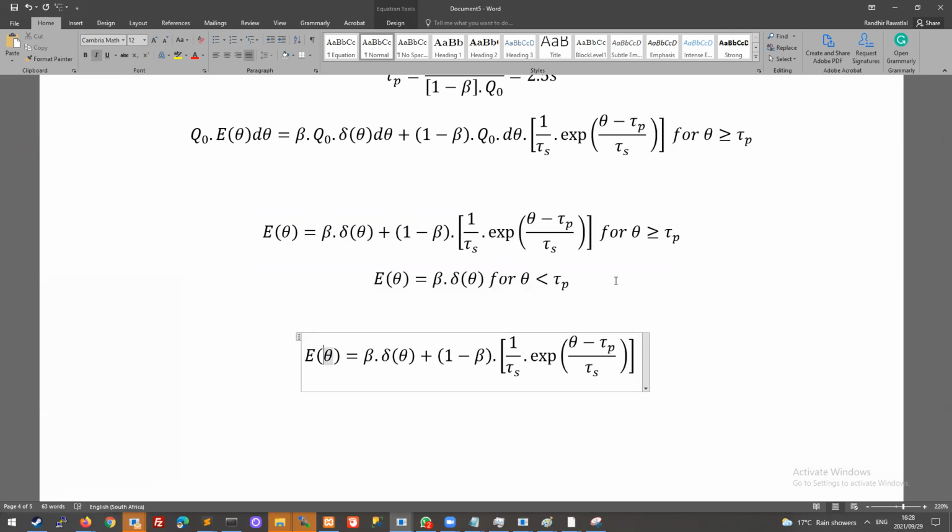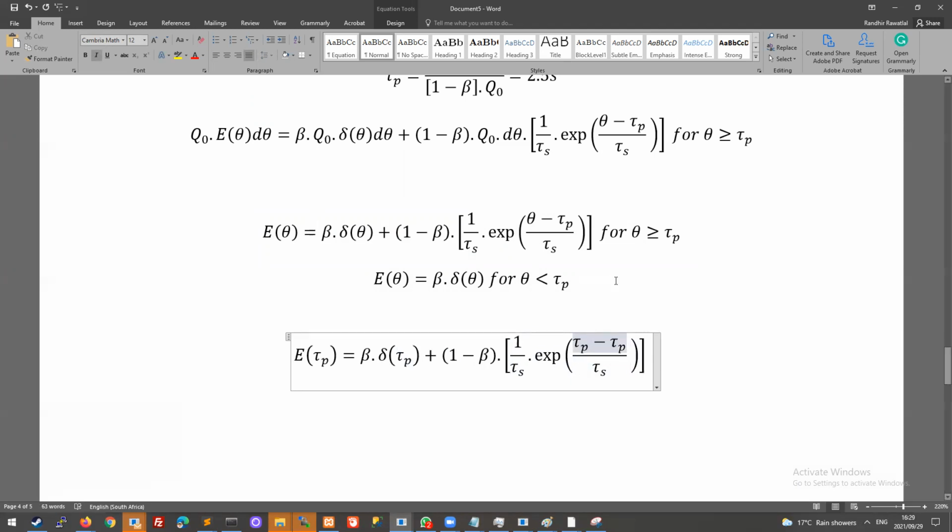And when theta equals tau p, we can say this is a tau p, so we can just stick tau p in where theta is. And then this is going to be tau p up here. So clearly that's a 0. So we are going to have x of 0, which is just a 1, right?